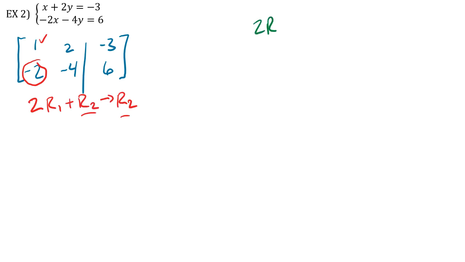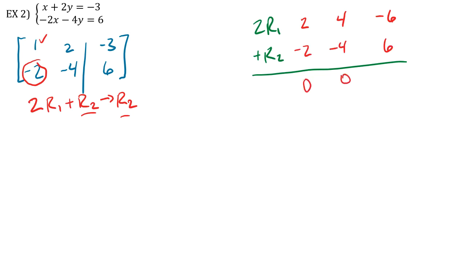All right, so we got 2 row 1 plus row 2. 2 times row 1 would be 2, 4, -6. Row 2 is -2, -4, +6. Then we add those up. So we get 0, 0, 0.